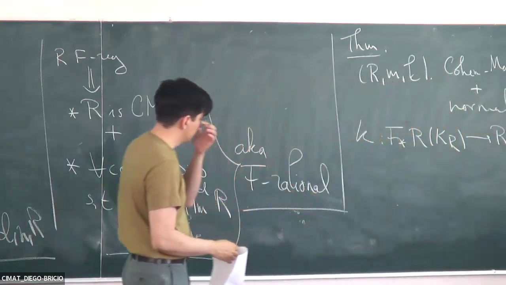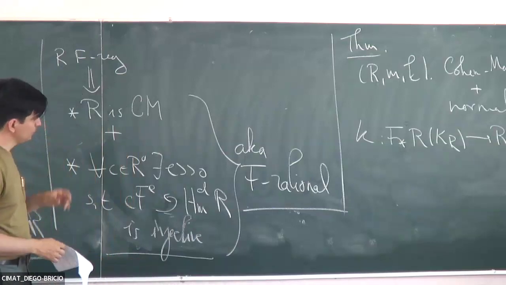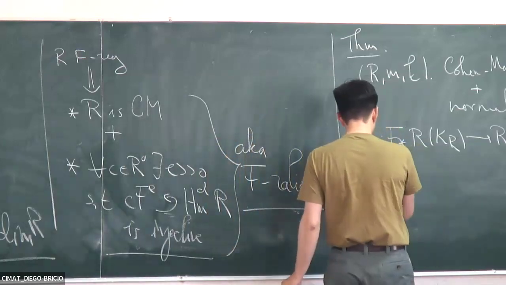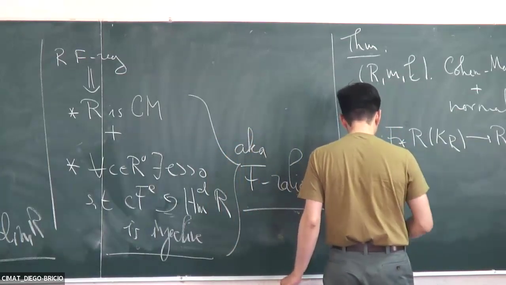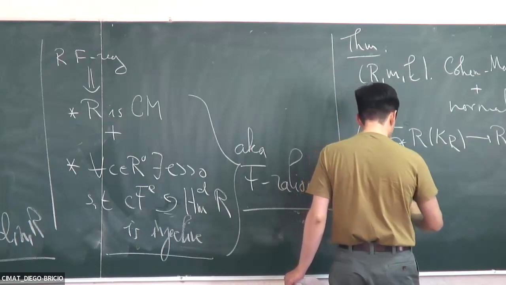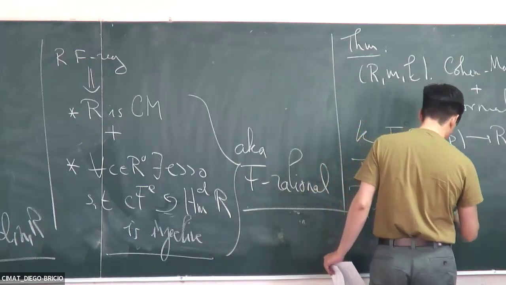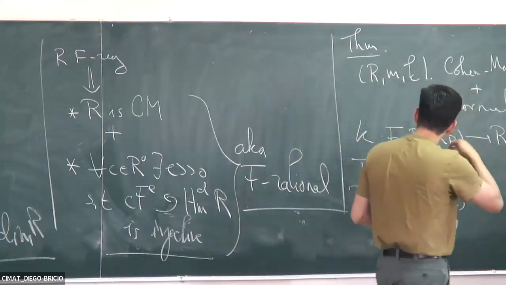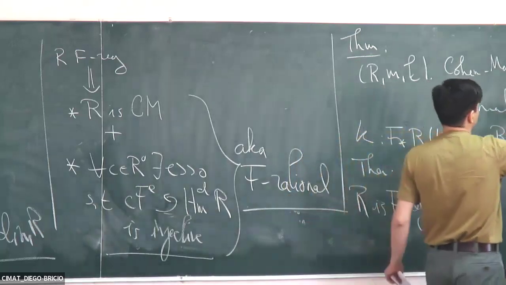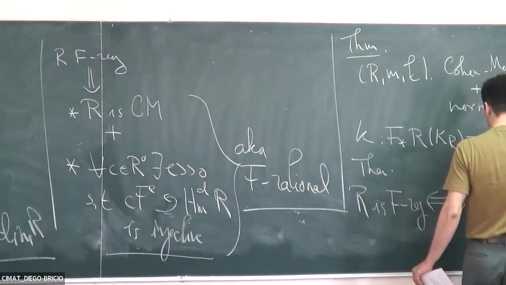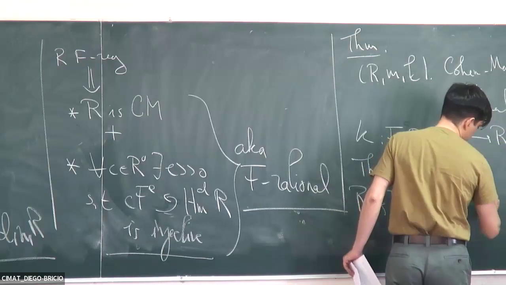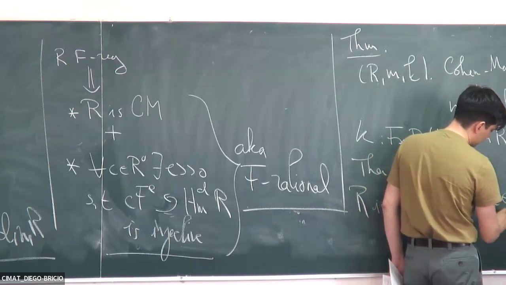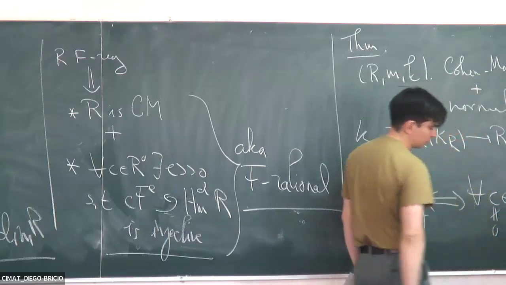So in that case, then you have the following characterization: R is F-regular if and only if, well, let me say normal domain too. So in that case, instead of writing R circle, I just can say that c is different from 0.